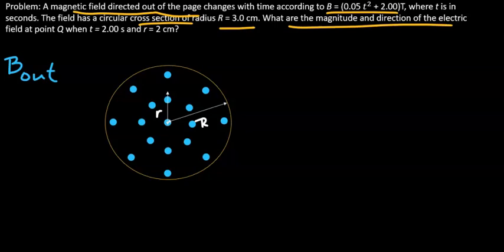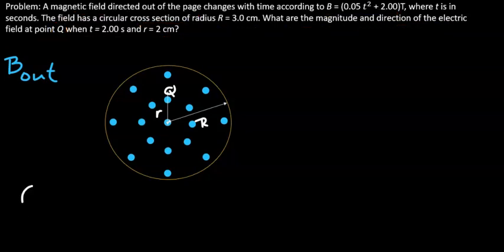What are the magnitude and direction of the electric field at point Q, at 2 centimeters from the center? So point Q is right there. And we want to determine the direction and the magnitude of that electric field at that point at 2 seconds.